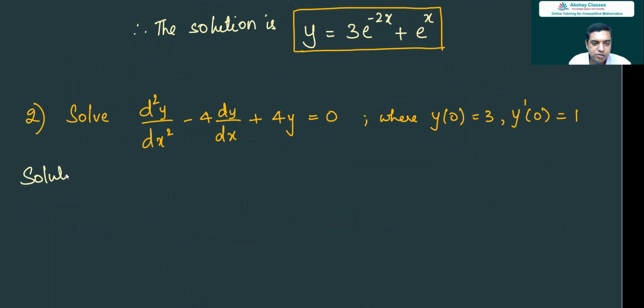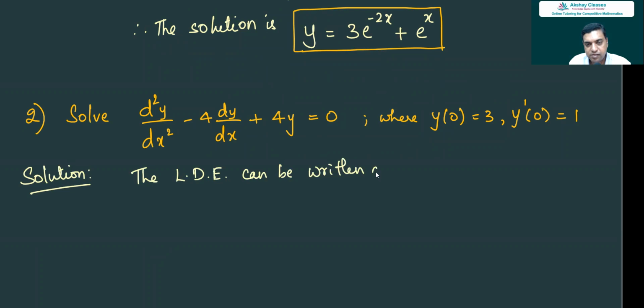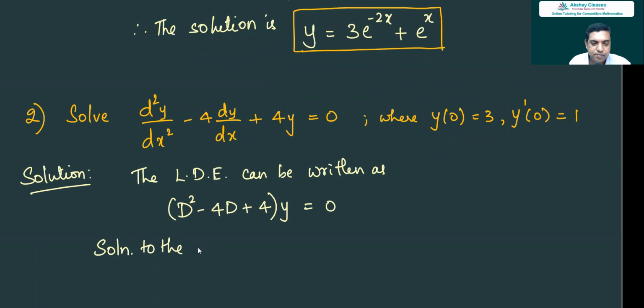So the solution: the linear differential equation can be written as D square minus 4D plus 4 times y equal to 0. Now, solution to the auxiliary equation.